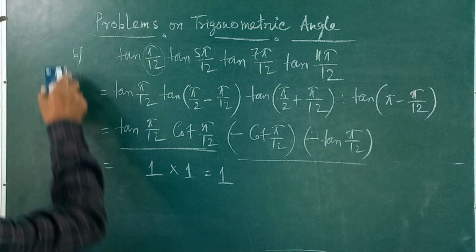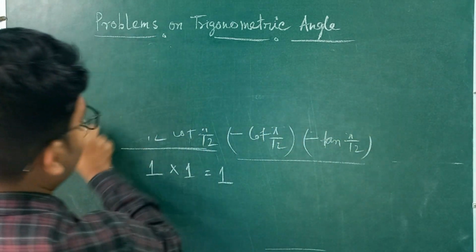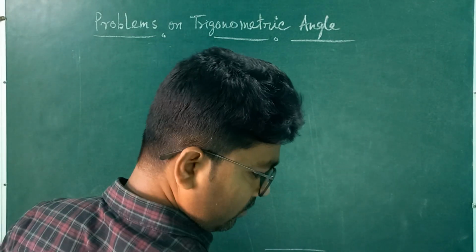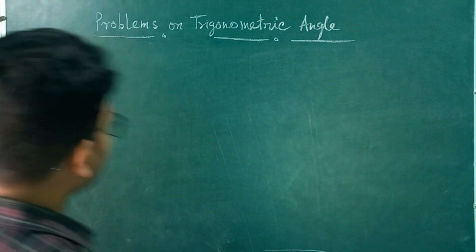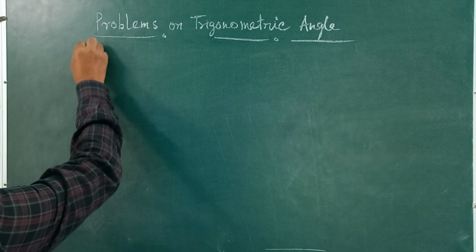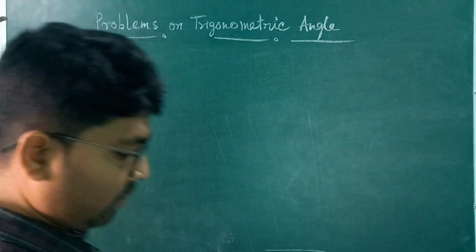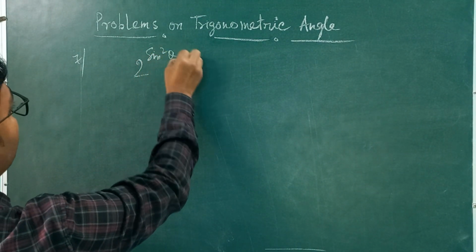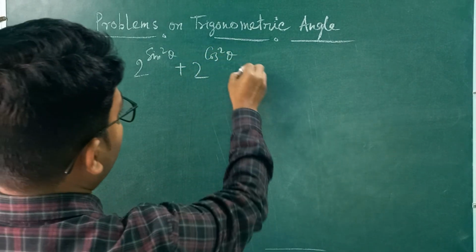Number 7, another type of problem. Two to the power sine square theta plus 2 to the power cos square theta.